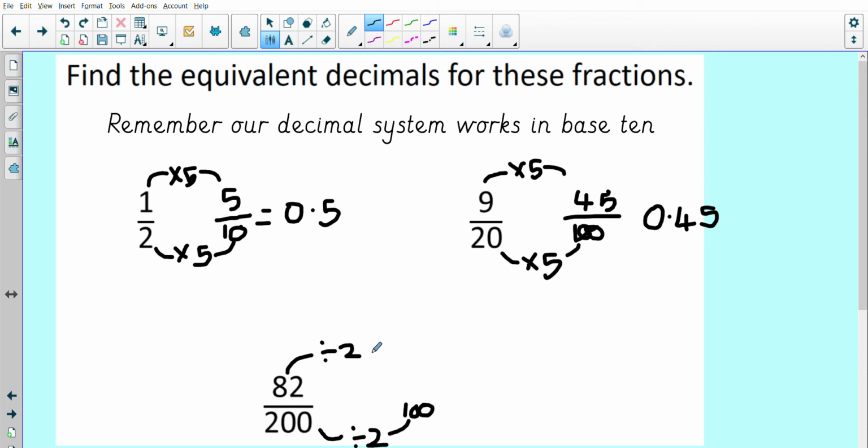And I'm thinking about how that would be 41 hundredths, which is 0.41. Lovely. I could have multiplied it by 5 instead of dividing it by 2, and then I would have found that 82 times 5 is 410. But I would drop the 0 anyway. A 0 at the end after a decimal, as a placeholder, isn't worth anything.